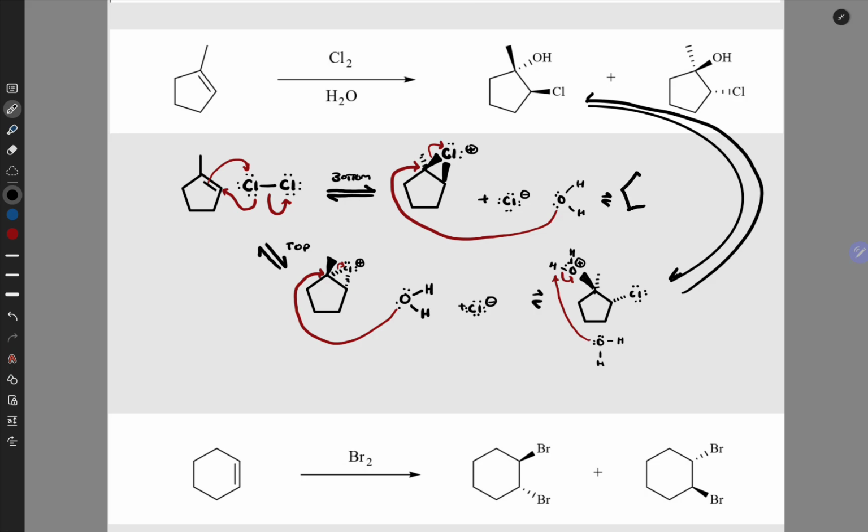Anyways, and then this one, the bottom attack, will come up from the bottom, push up the methyl group, push off the electrons onto the chloride atom, and you will have an H2O group that is attacked by more water and turned into this product.